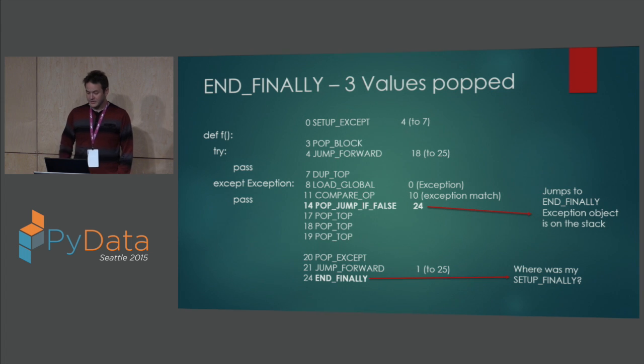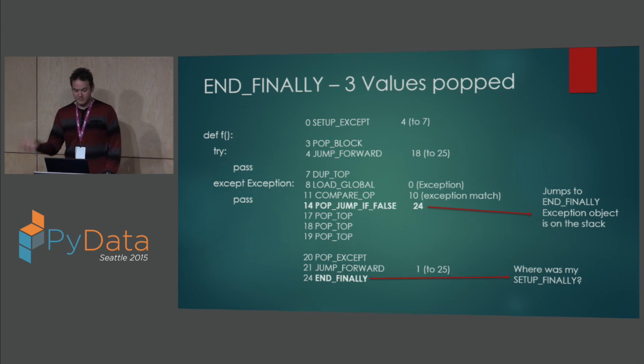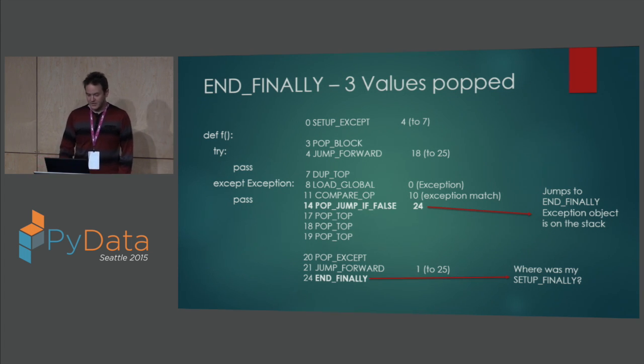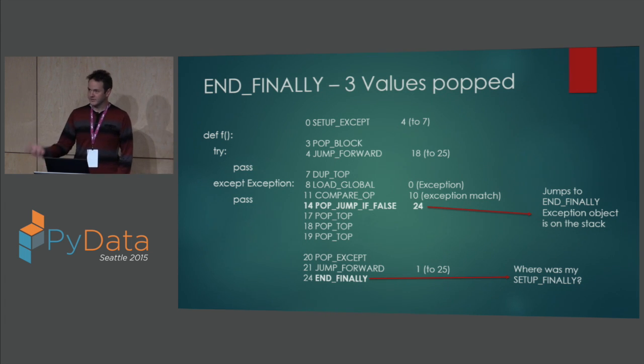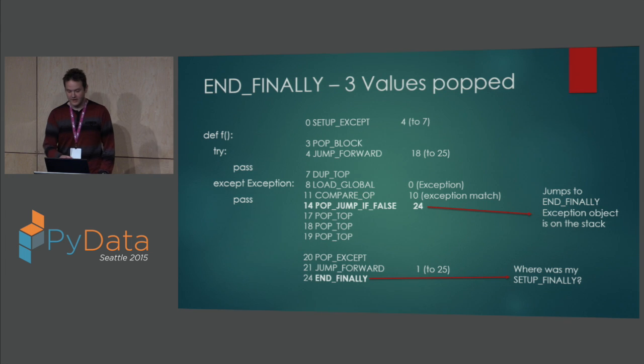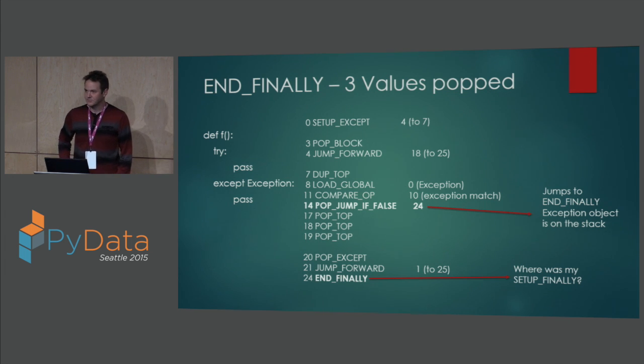So what goes through is we are doing the match to see if we have an exception, and if we don't match the exception, then we'll pop forward to the finally, and the exception will be re-raised. So what's on the stack in this case is actually three values. You can see the three pop tops there. There's an exception value, an exception type, and a traceback.